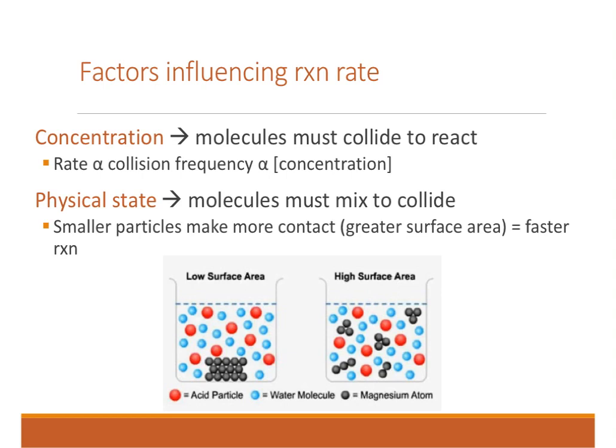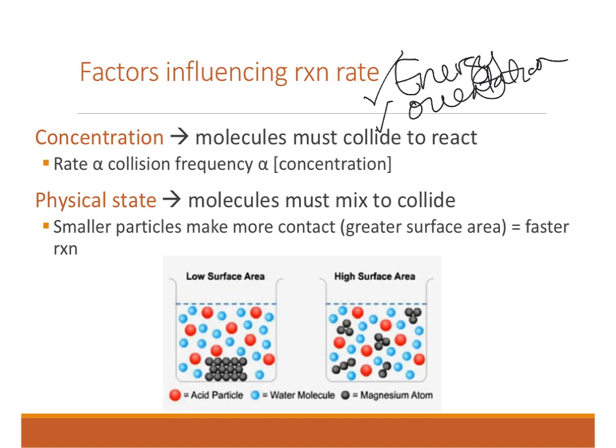What are some of the factors that can affect the reaction rate? Well, we know it's energy. We just did that in the last slide. And we also know it's the orientation of collision. But on a more macroscopic scale, the concentration of the reactants matters.